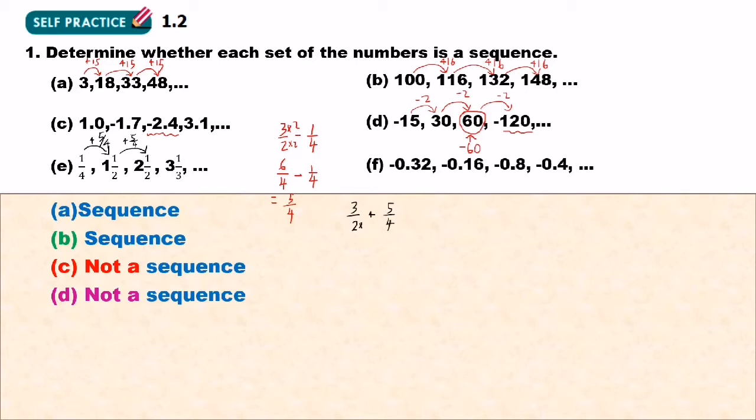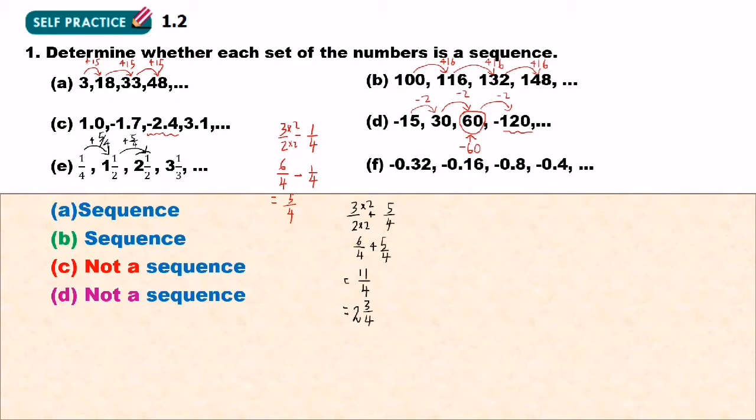Again, we change the denominator to 4, so multiply 2, multiply 2. So here it is 6 over 4 plus 5 over 4 equals 11 over 4. Okay, so 11 over 4, the mixed fraction is 2 3 over 4.